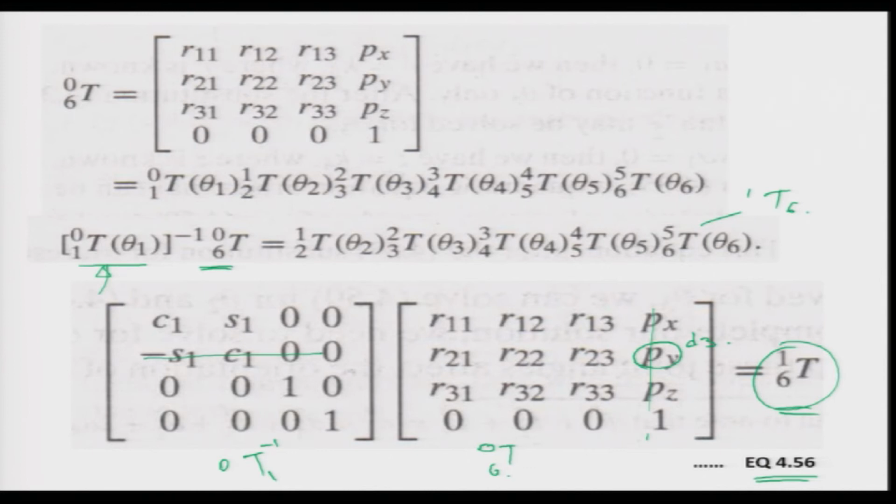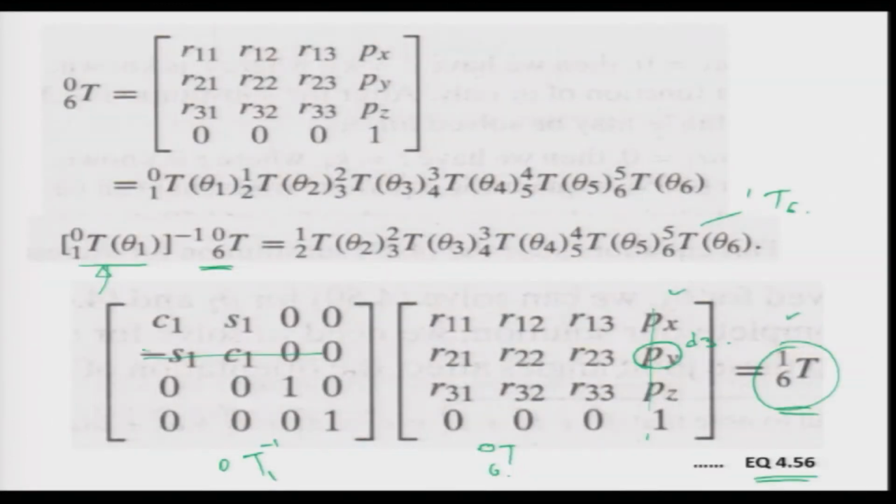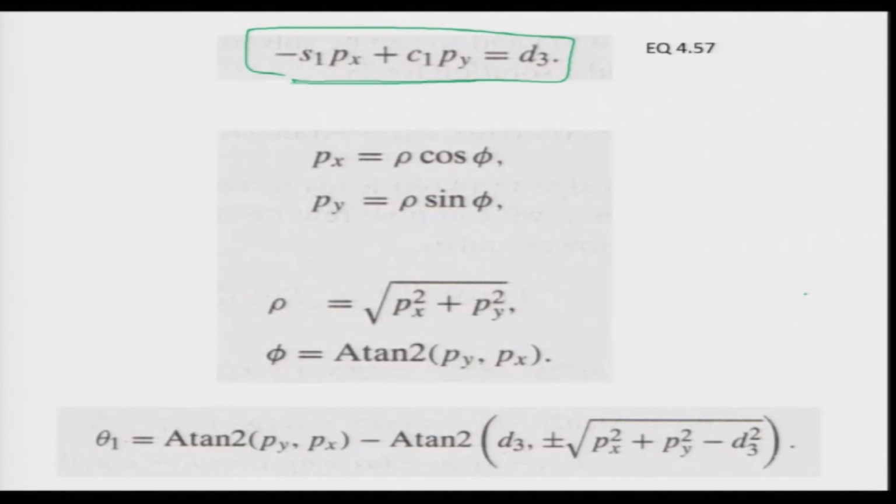I am simply multiplying this row with this one, because I want to equate this term of the left hand side with that of the right hand side. And what we get is this term.